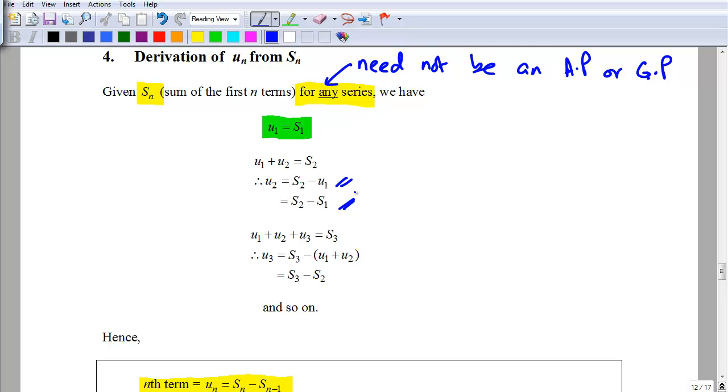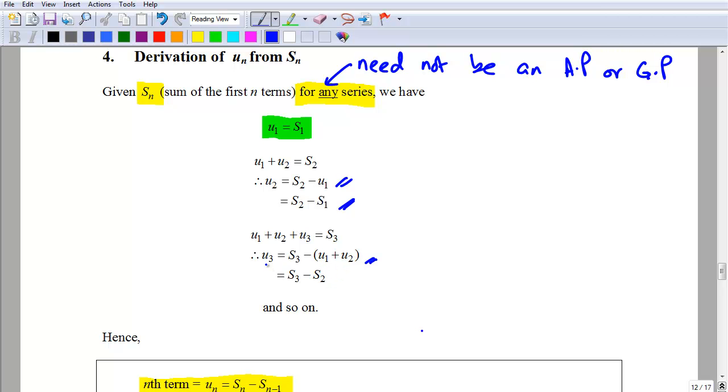Next, S3, the sum of the first three terms of a series, is U1 plus U2 plus U3. Making U3 the subject, we get S3 minus bracket U1 plus U2, and U1 plus U2 we know is S2.